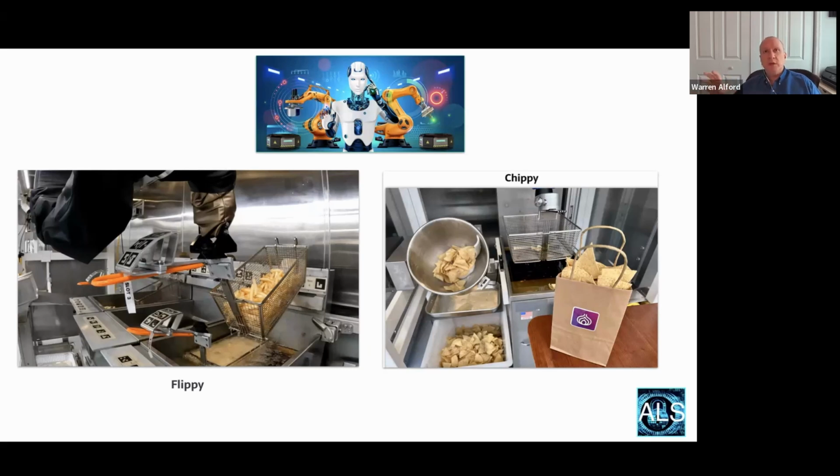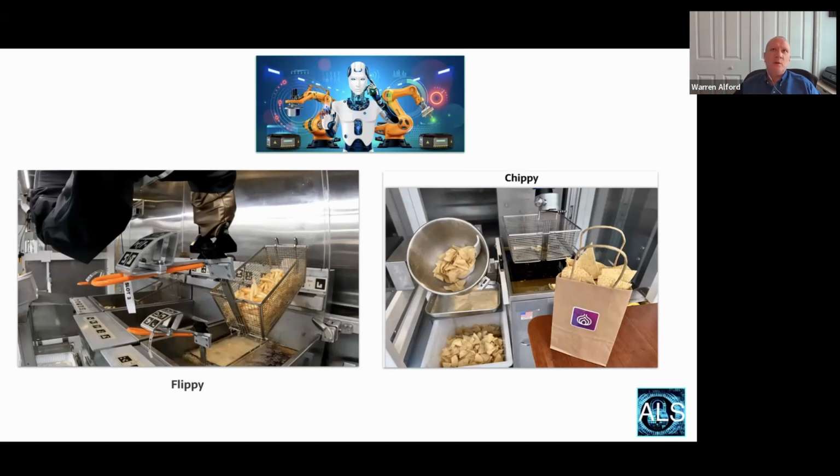So it knows when the frozen French fries are getting low, and it orders a replacement or a refill. It also knows when the salt is getting low, and it orders a refill of that. And then that system fulfills that and puts that information back into the main inventory control system to know when to reorder certain products and things like that.